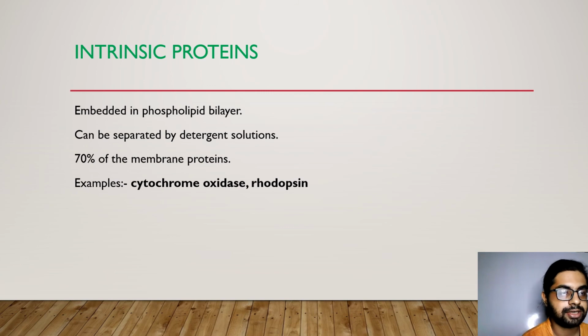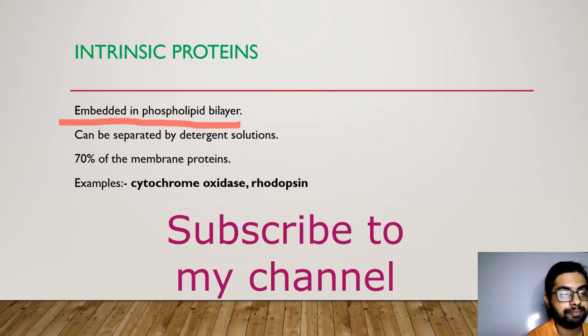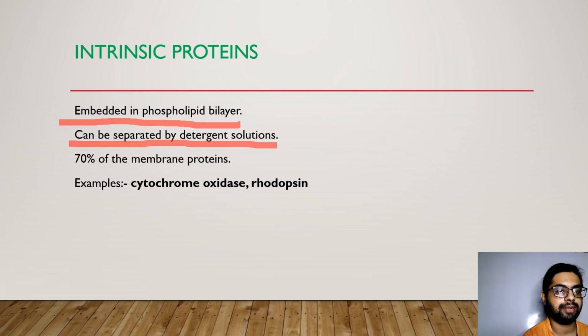Next, intrinsic proteins. These are embedded in the phospholipid bilayer and can be separated by detergent solutions. After you apply salt, the extrinsic proteins will go away. Next, you have to apply detergent solution to expel these intrinsic proteins.